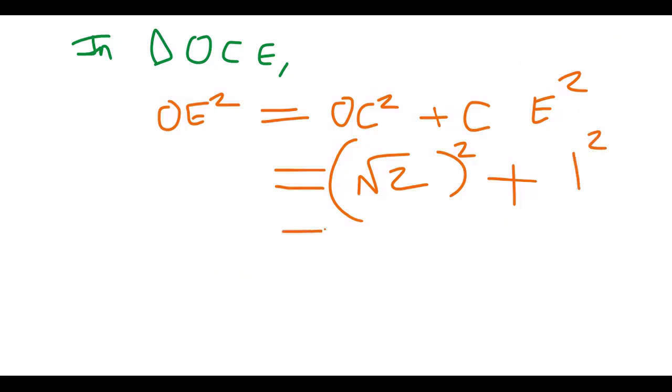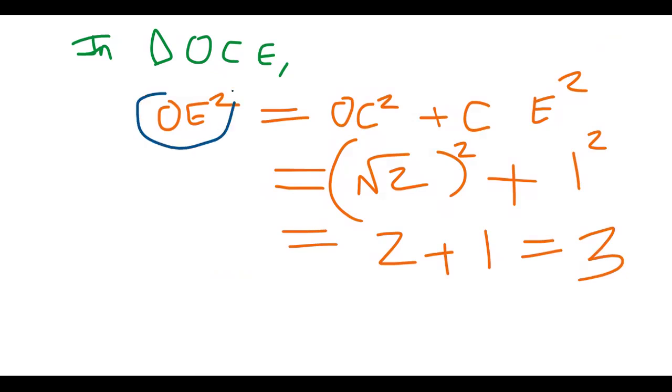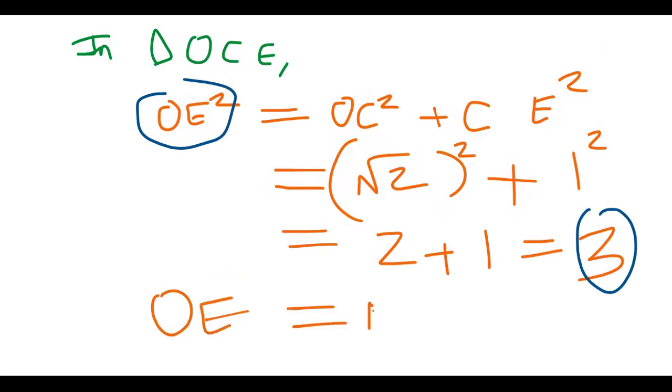So this is equal to 2 plus 1 equal to 3. Now we will take square root on both sides. So what will we get? We will get OE is equal to root 3.